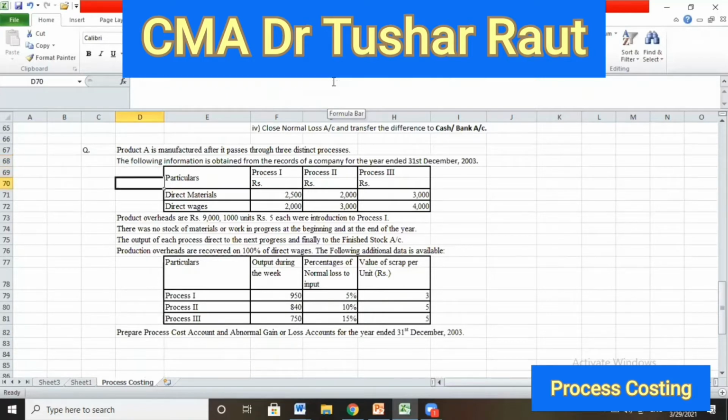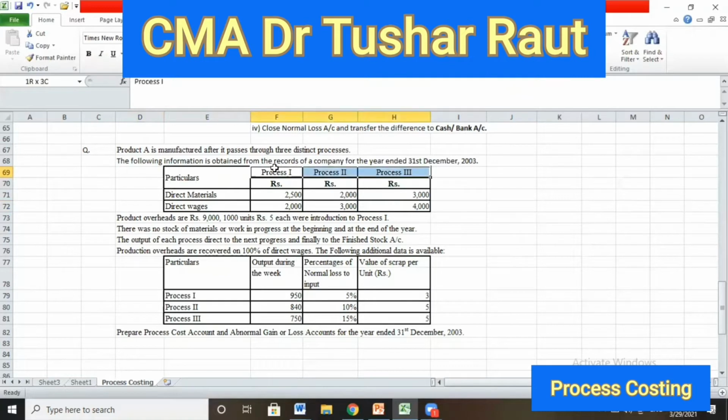Particulars about direct material and direct wages are given for process 1, process 2 and process 3. With the help of this, we can directly write the expenses for all these processes.